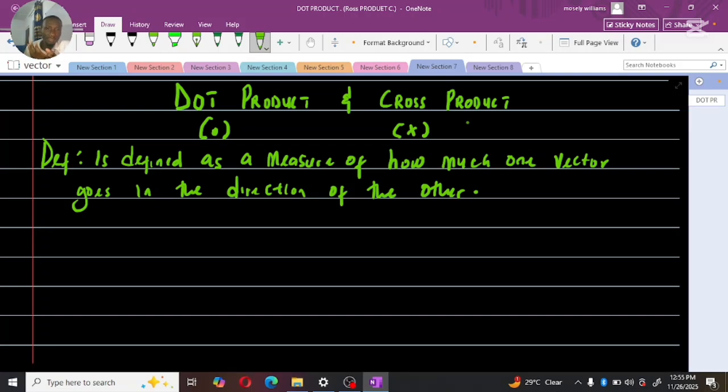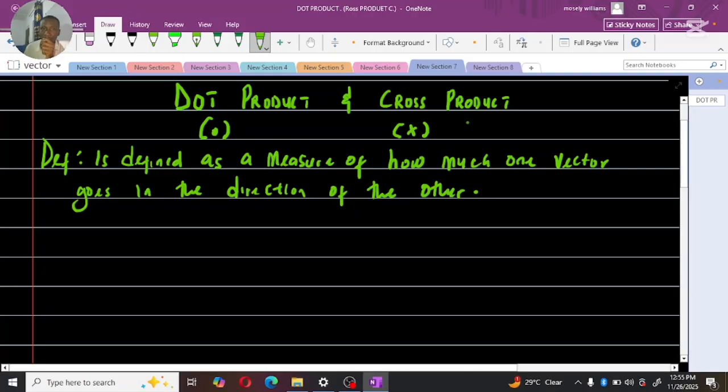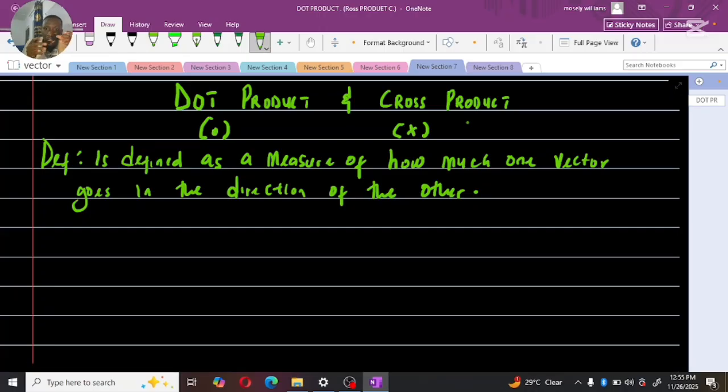You might be finding it hard to get what we are saying, but just take note of the words: measure of alignment. How much one vector goes in the direction of the other.